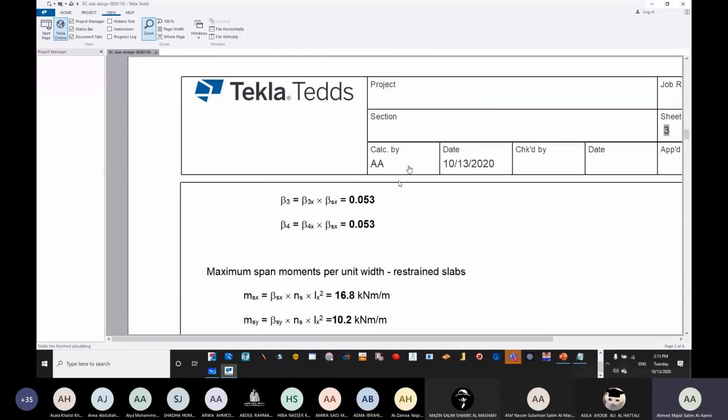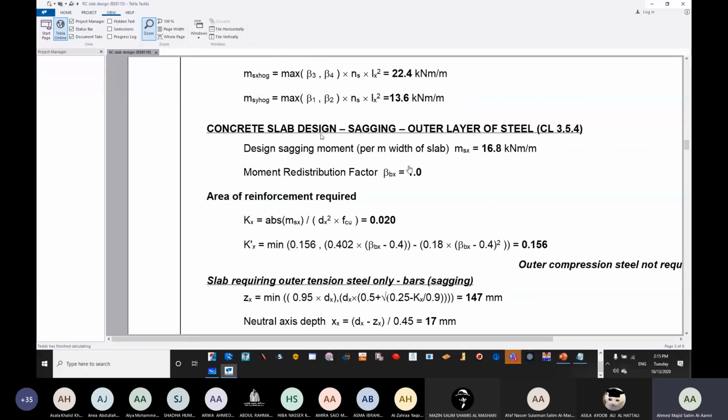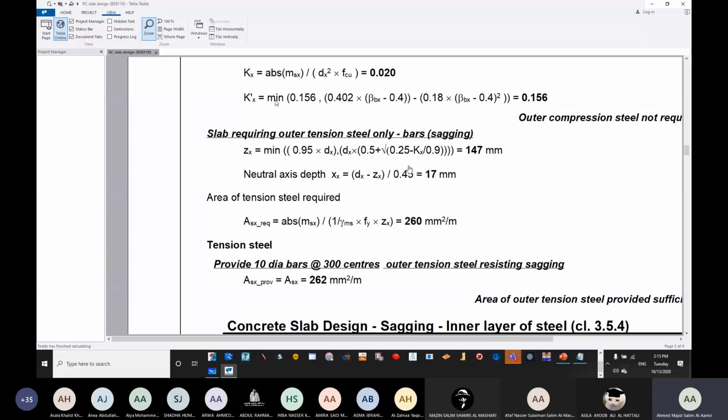Now, of course, the good thing here is that you got your whole calculation according to whatever you have studied in college. So K, if you remember, is equal to M divided by fcu b d square. K dash is 0.156. Z is d multiplied by 0.5 plus the square root of 0.25 minus K divided by 0.9, or 0.95, whichever is lesser.